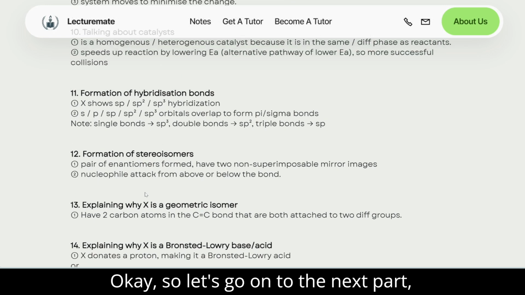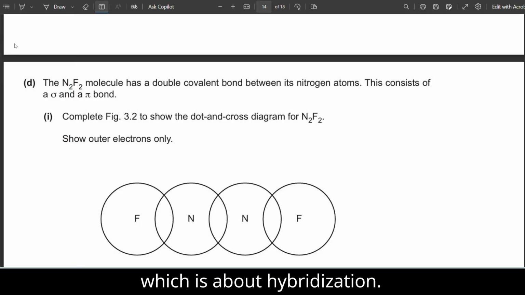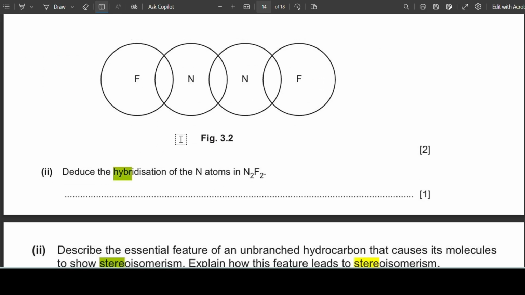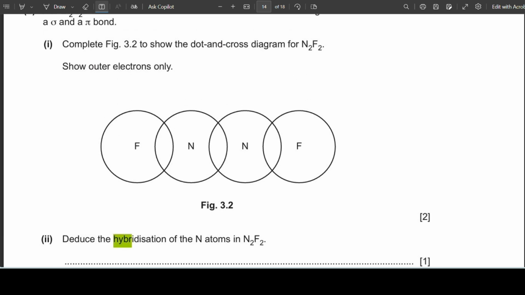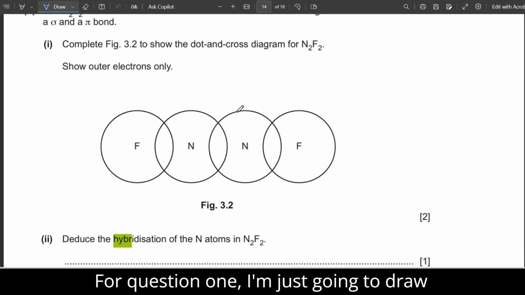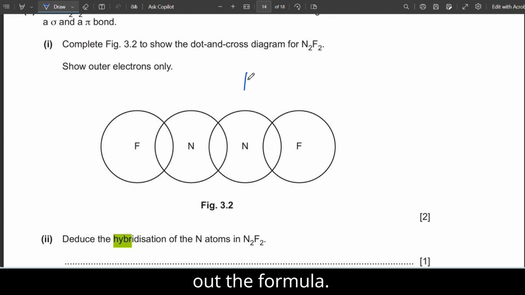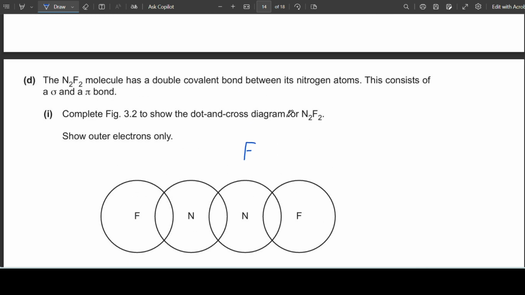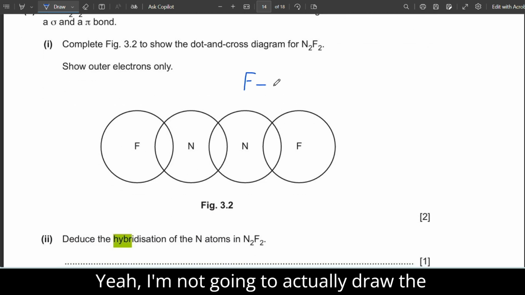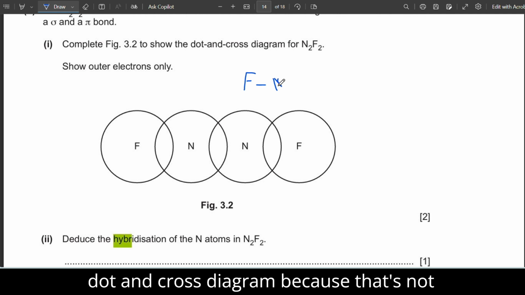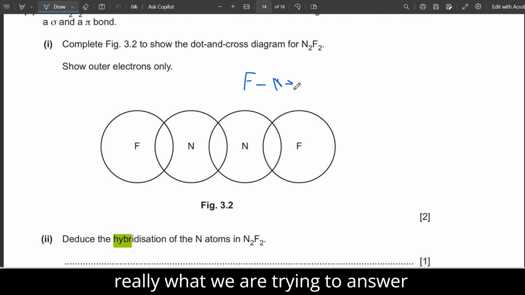Okay, so let's go on to the next part, which is about hybridization. Alright, so for question 1, I'm just going to draw out the formula. I'm not going to actually draw the dot and cross diagram because that's not really what we are trying to answer today.